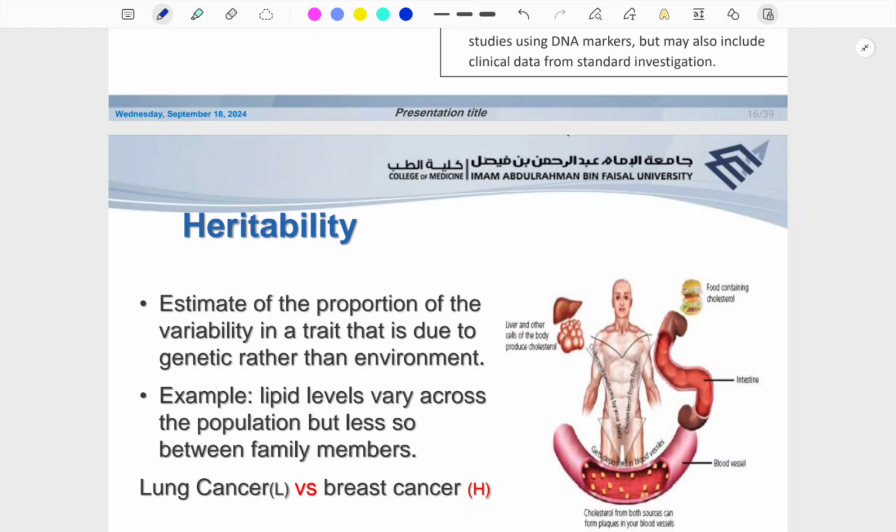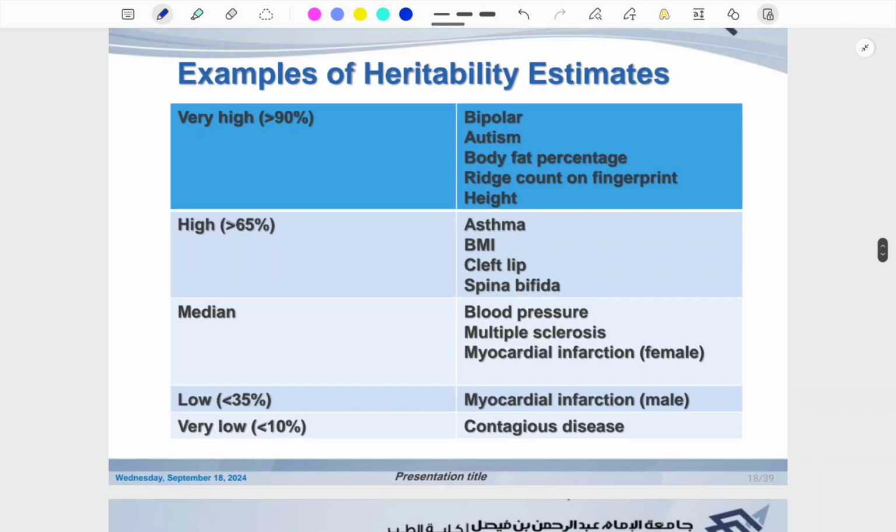If you look at the diseases which have very high heritability, like autism, body fat percentage, ridge count and fingerprint, the trait is due to the influence of many genes, a higher percentage of genes. And we said the ridge count doesn't change, 80% of it, fine or not?